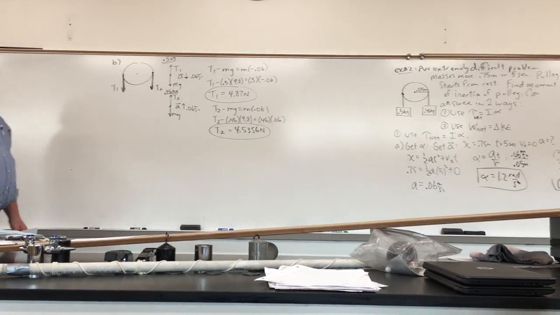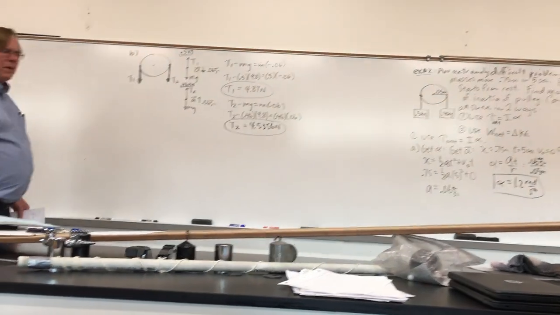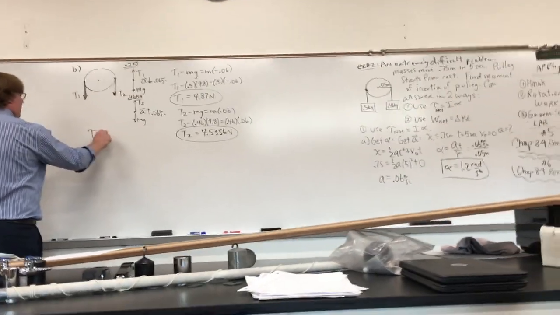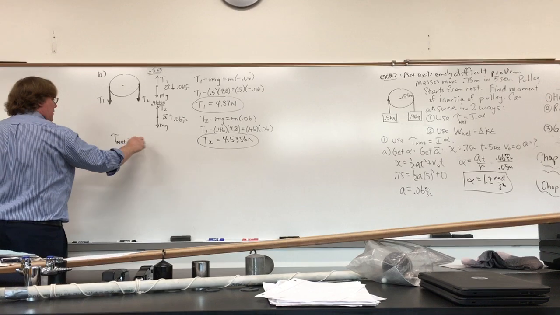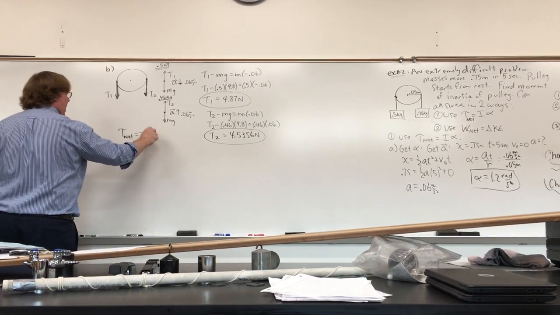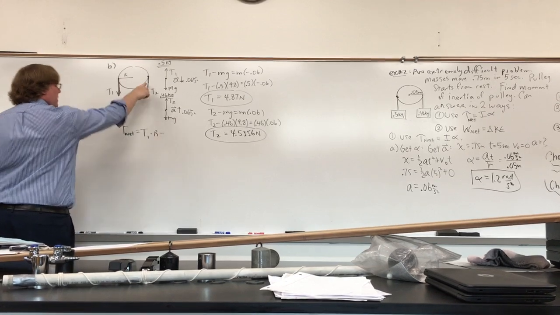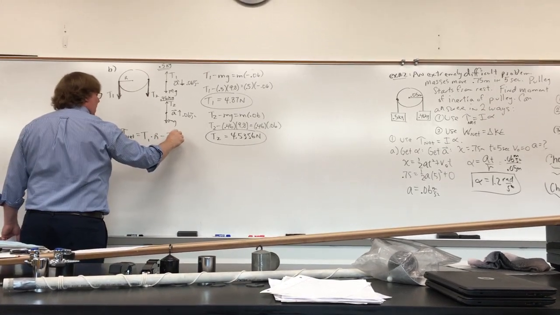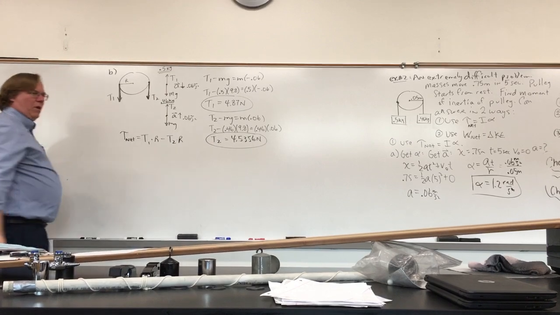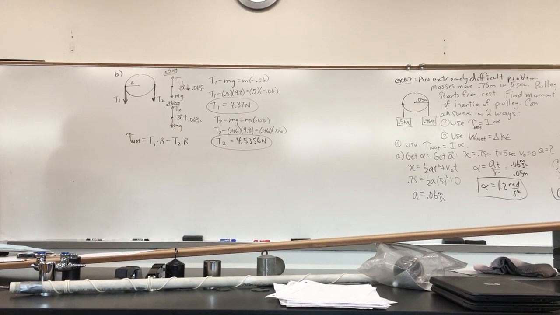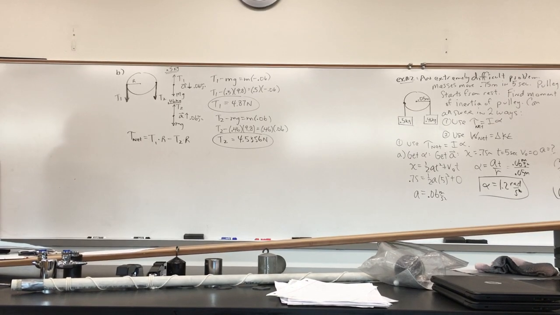So now finally I can get the net torque. I hope you see that the net torque is going to be the torque from T1 times the lever arm, which is R, minus T2 times the lever arm, which is also R. That's the net torque, the clockwise torque subtracted from the counterclockwise torque.